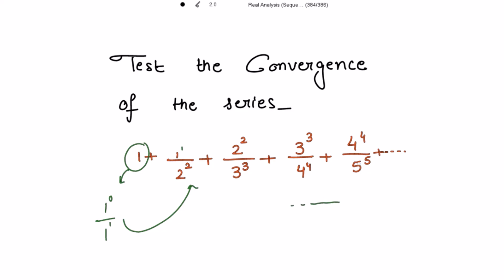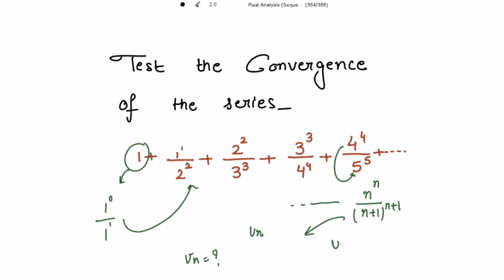So what could be the nth term? It is n to the power n divided by, here in the denominator the number is increased by 1, so writing here n plus 1 to the power n plus 1. This is your nth term. If we take this to be our un and then choose our vn, then we can easily apply the comparison test on this.